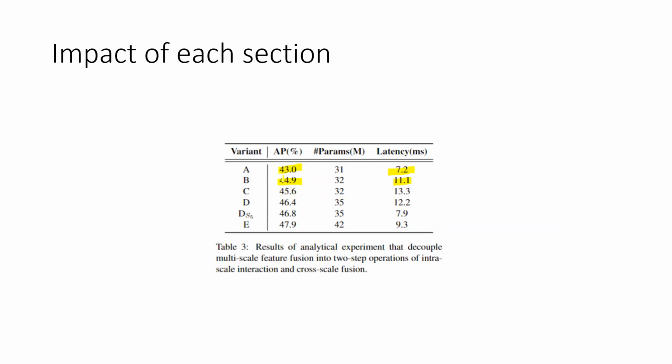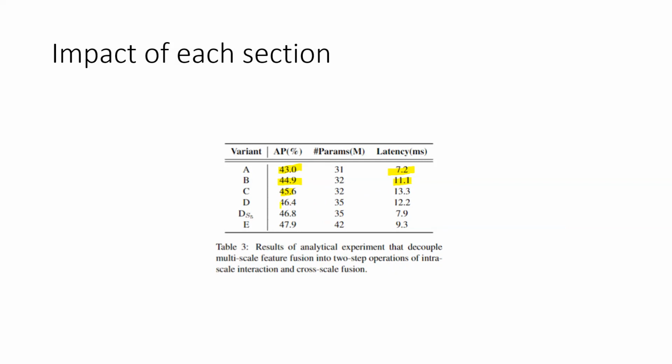It went from 43.43 AP to 45 when they used multi-scale. That means if you use multi-scale features when creating the attention map, it is better for AP.